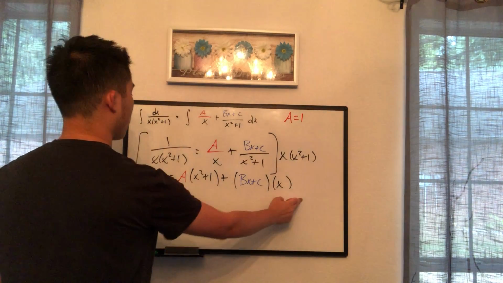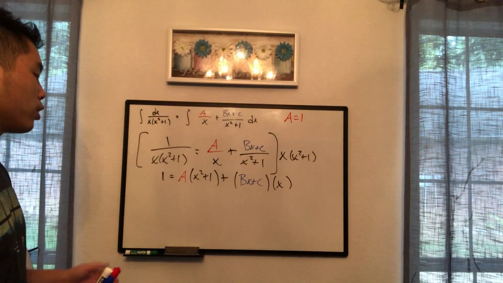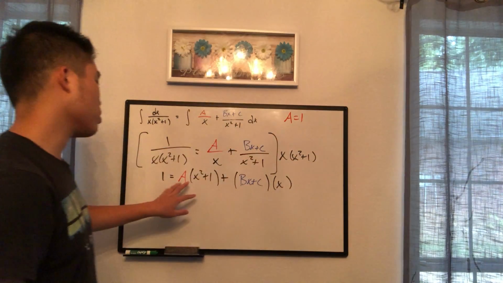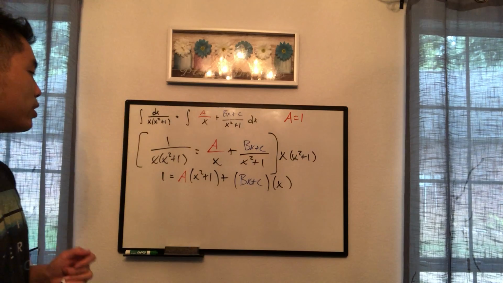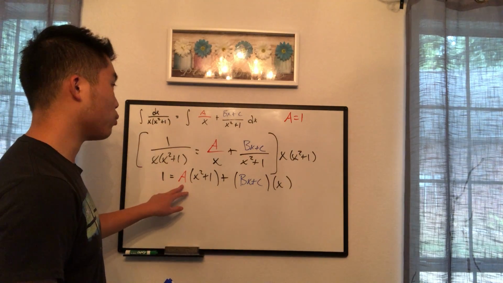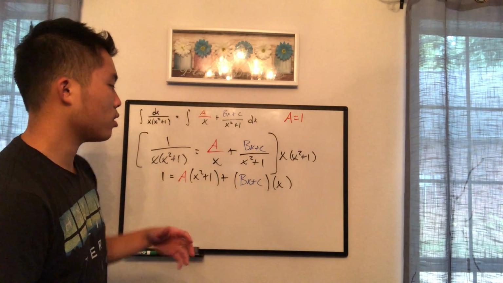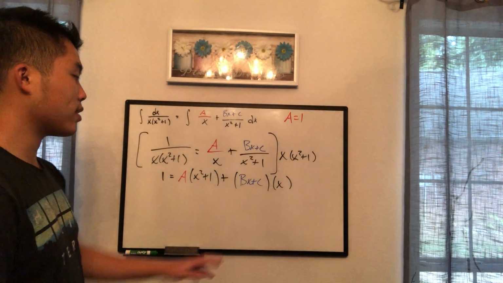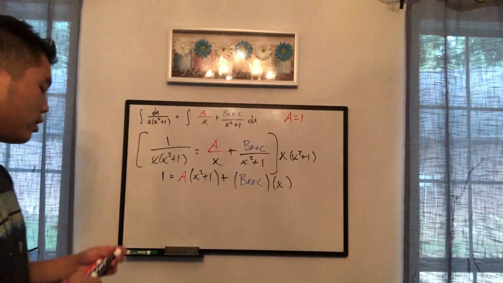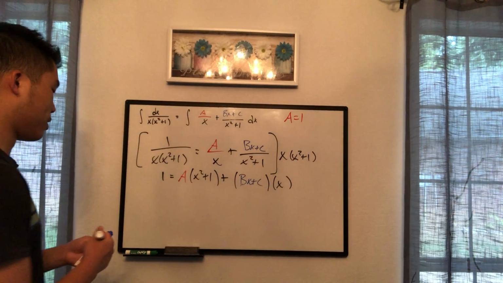So going back to this again, to solve for B, we're going to plug in A. There are three things you need to do to solve for B. First, plug in 1 for A. To solve for B, you need to get rid of the C, so next we're going to set C equal to 0. And then just pick any other number for x.